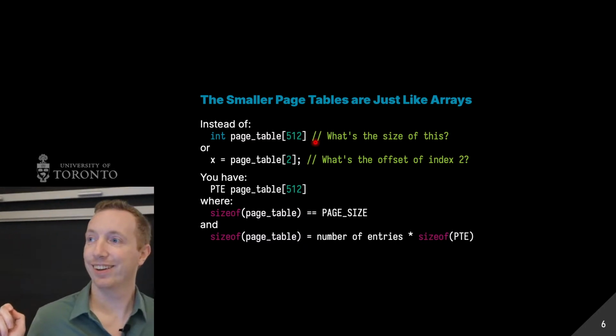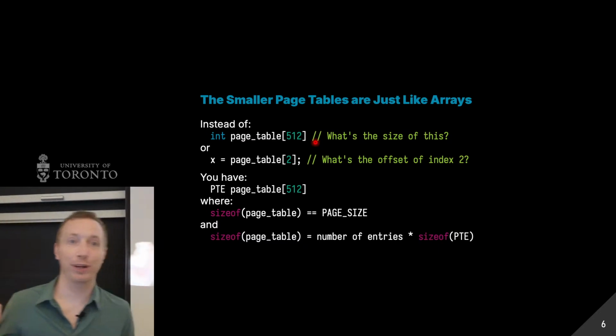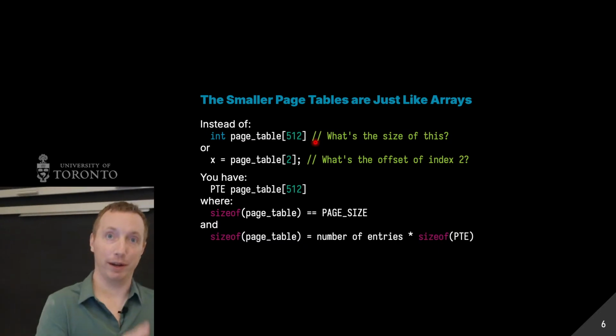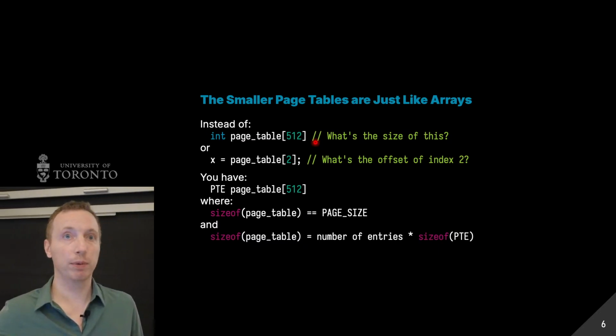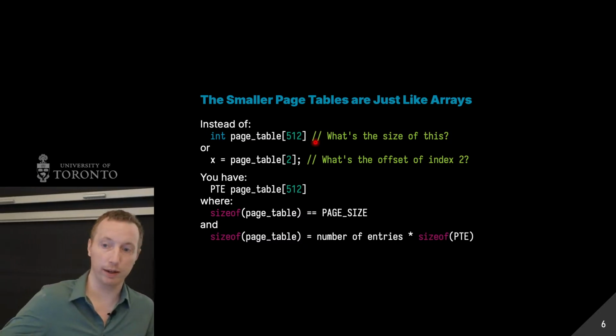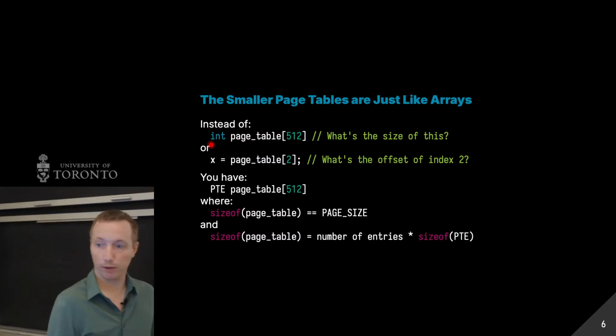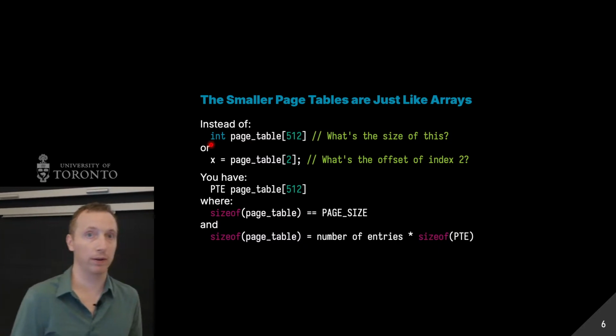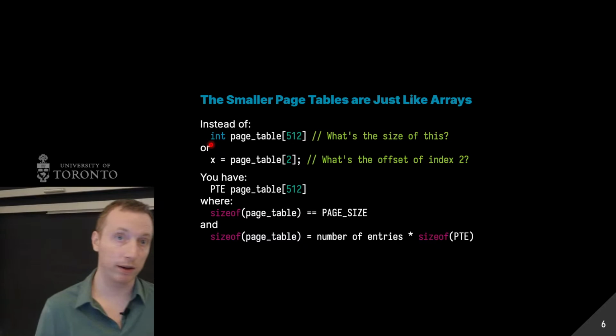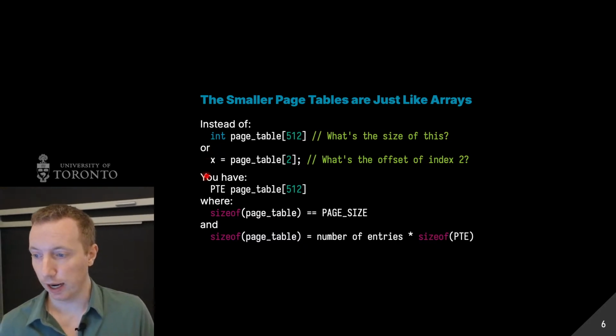Yeah, 2048. Why? Because it's an array. There's 512 elements or entries in it. The size of an int is 4 bytes, so it's just 4 times 512, which is 2048.